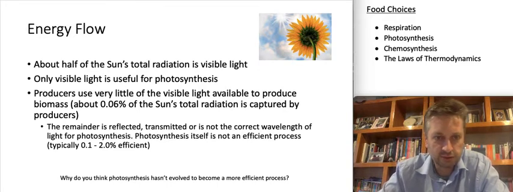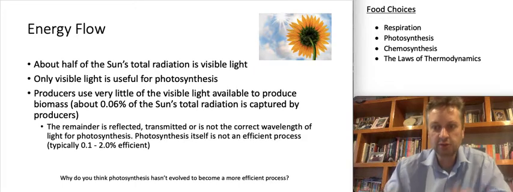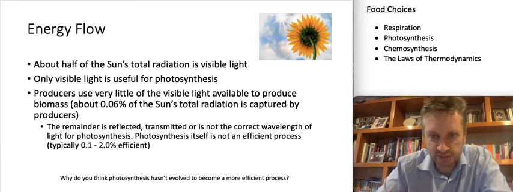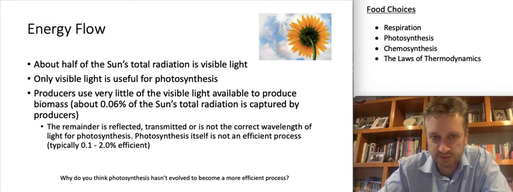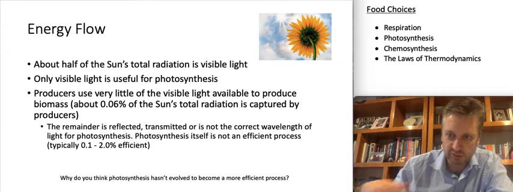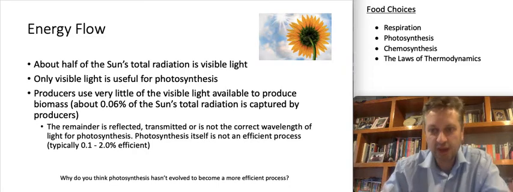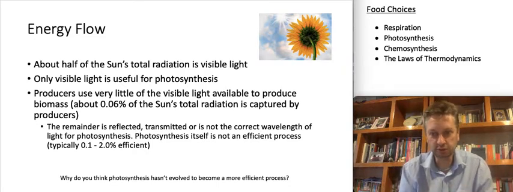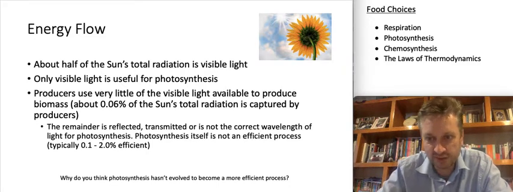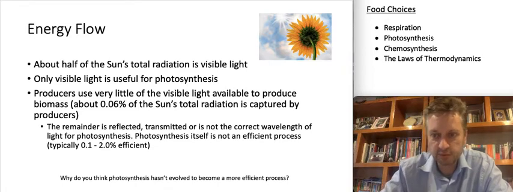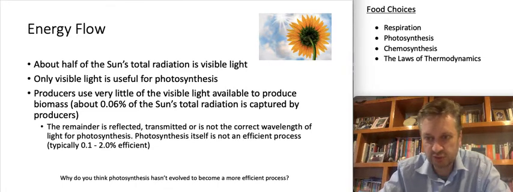First of all, only about half of the sun's total radiation that it releases is visible light. I think it's actually closer to about 44% of the energy that's released by the sun is visible light. And photosynthesis can only use certain wavelengths of visible light.